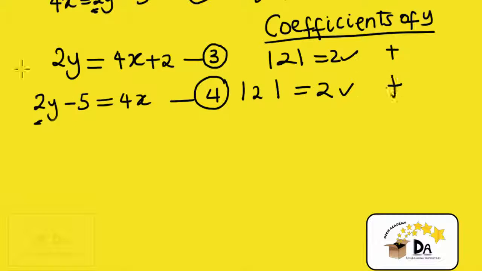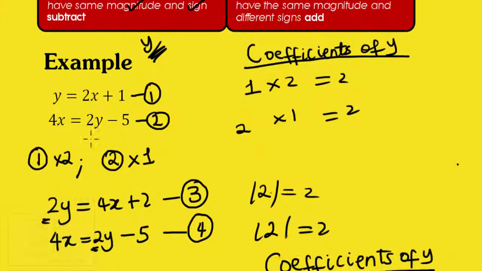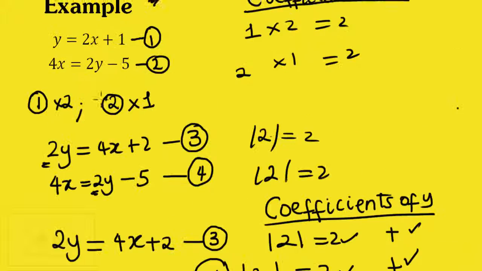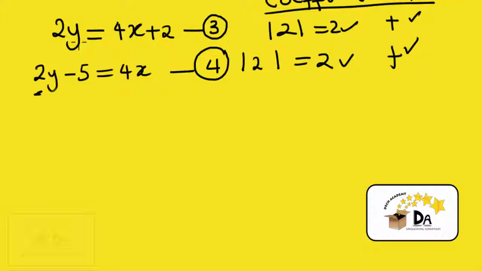The coefficients also have the same sign, plus 2 and plus 2. So for the case where the coefficients have the same magnitude and the same sign, we subtract one equation from the other. But you have to remember that these two rules apply when the variable being eliminated appears on the same side of the equal sign in both equations, and only appears on one side of the equal sign.